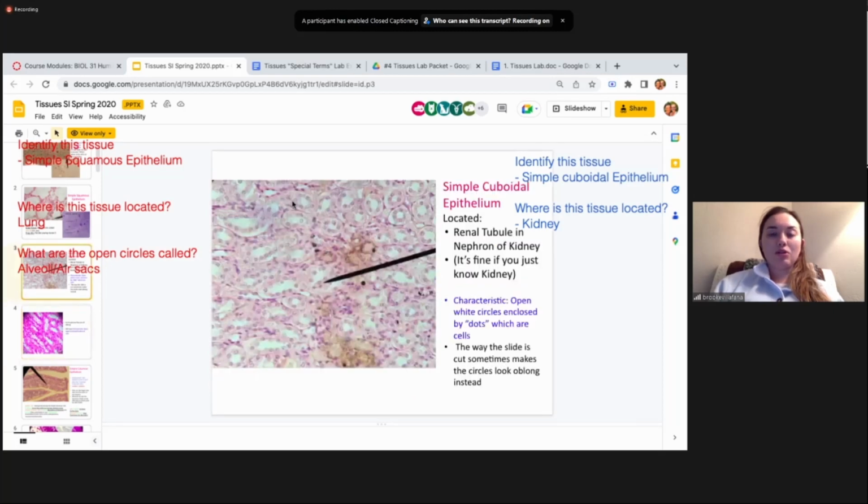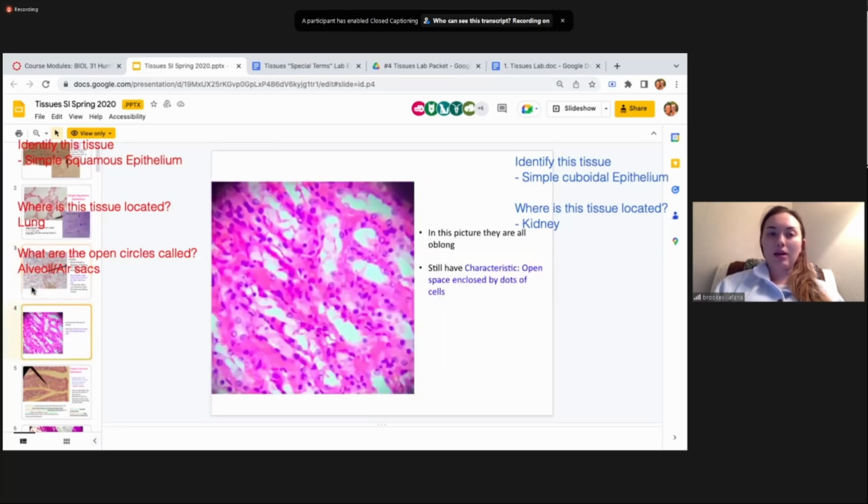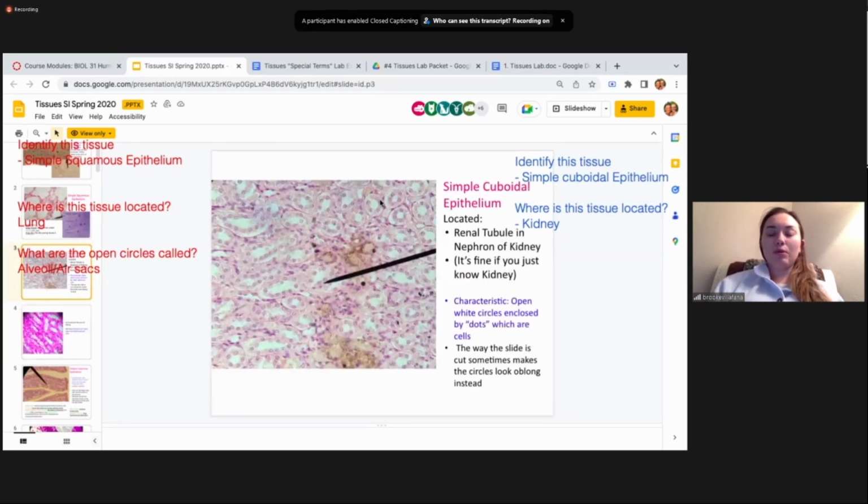You're going to get a picture that looks similar to this in the sense that you will see these circular shapes. Just know that the dye we use on the microscope slide may not be this color. We may use this pink dye, but the appearance should be very similar to this, with these circles lined by these cells, okay?